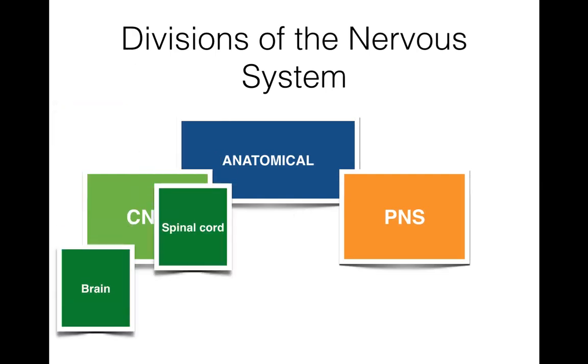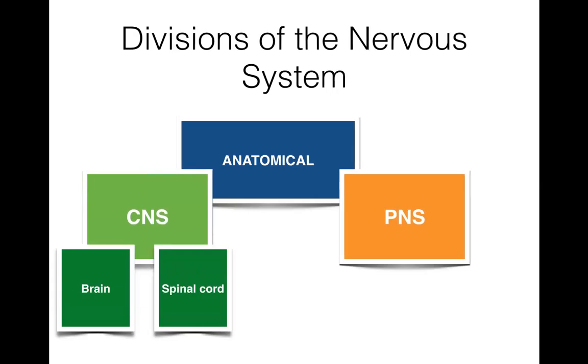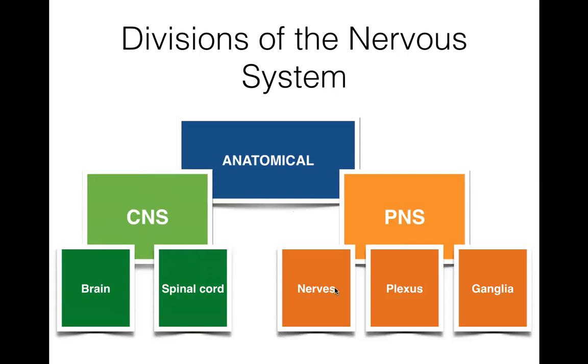Included in the central nervous system would be the brain and the spinal cord. Anything that is not part of these structures would be considered part of the peripheral nervous system. This would include, of course, the nerves, the connections between the network of nerves, which we call the plexuses, and the communication between nerves, which we refer to as the ganglia.